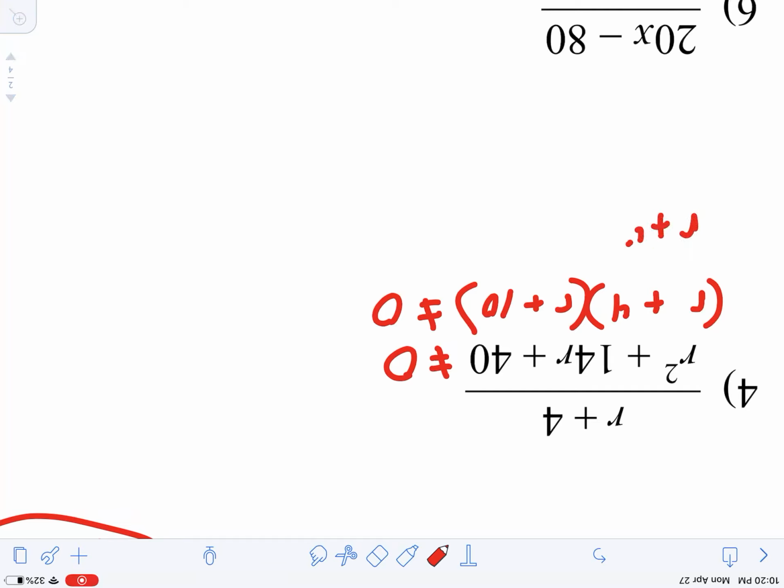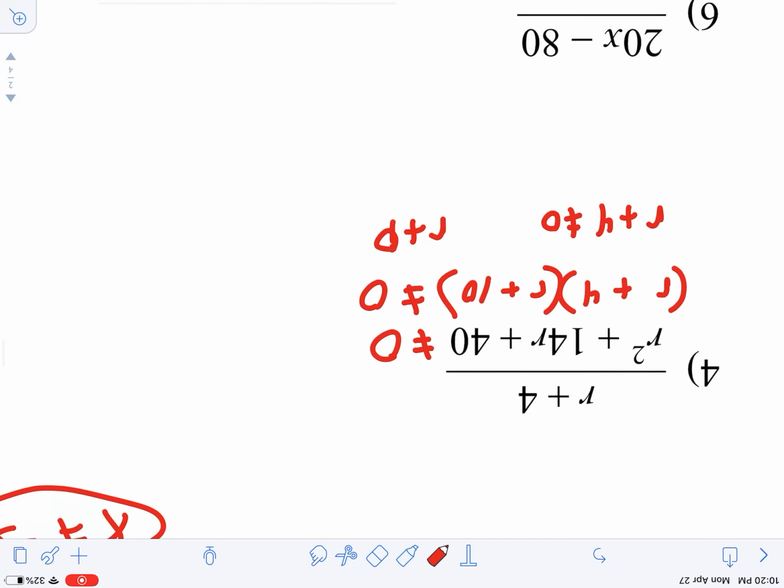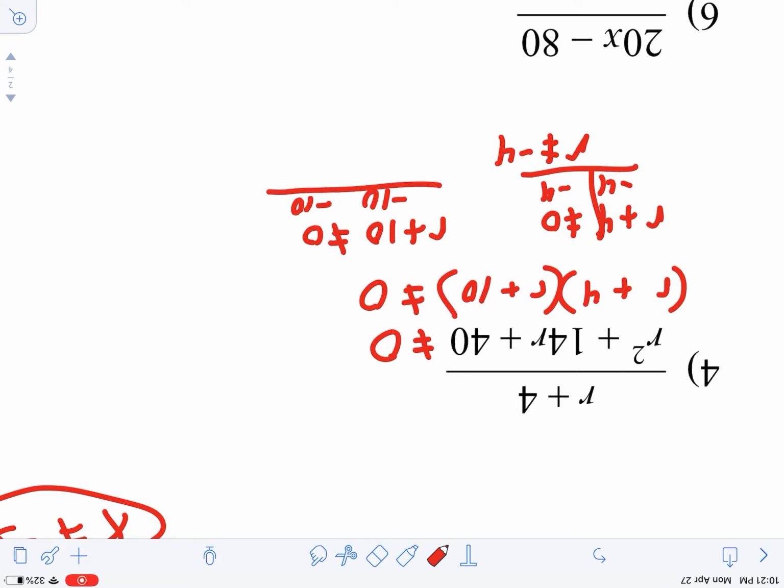Set r plus 4 not equal to 0. R plus 10, oops, that's not a 10. 10 not equal to 0. And r cannot equal negative 4, sorry about that. 0 minus 4 is negative 4. And subtract 10. R cannot equal negative 10.